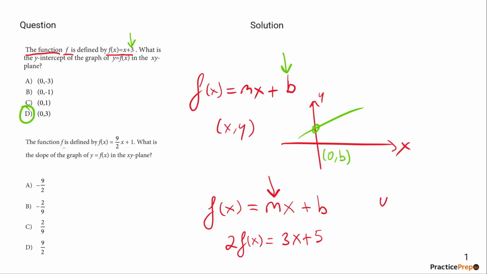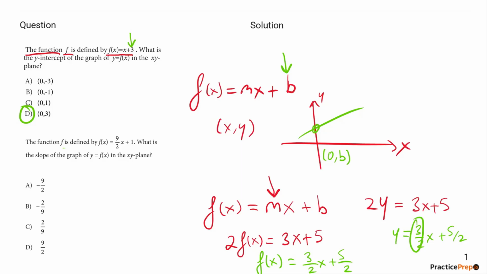Or in other words, if they say 2y is equal to 3x plus 5, you will have to divide both sides by 2 to get your slope. So in this case, the original function would look like f of x is equal to 3 over 2x plus 5 over 2. And here it would look like y is equal to 3 over 2x plus 5 over 2. So your actual slope would be 3 over 2, okay?